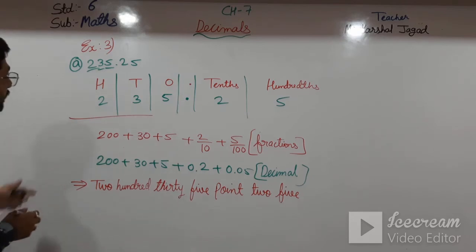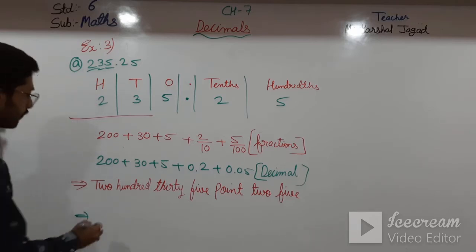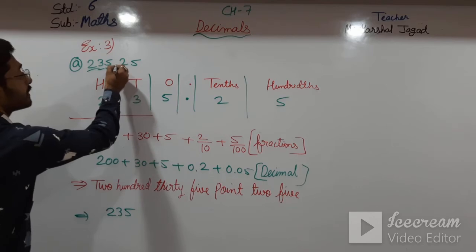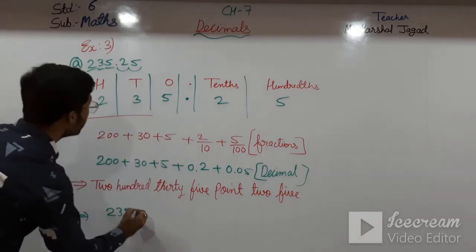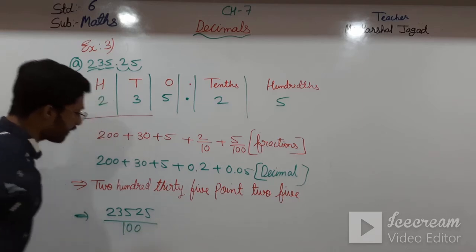For making this mixed fraction, we have to convert this into a fraction. Then 2, 3, 5, how many jumps? 1 and 2. Here that is 25 and here that is 100.